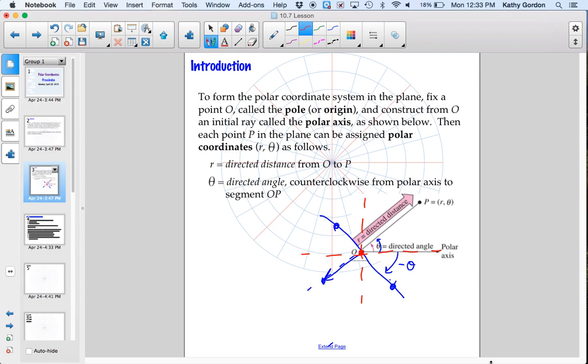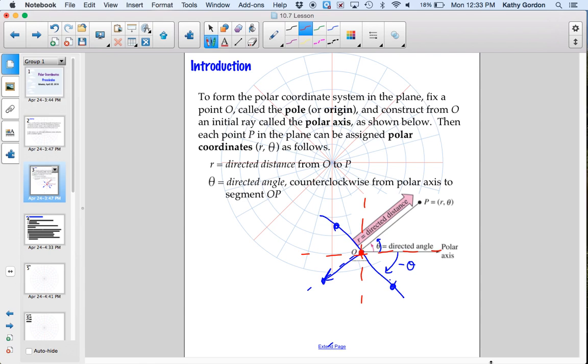So we're rotating around as if our vertex is at the origin, just like we did with trig. Was that your question? Okay, if not, clarify for me. Any other questions thus far?